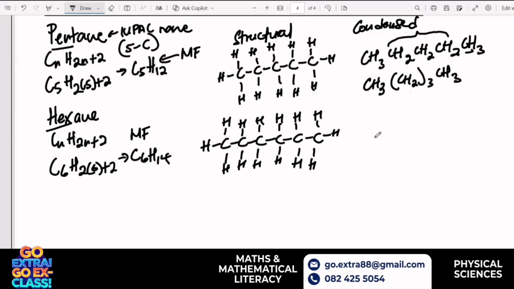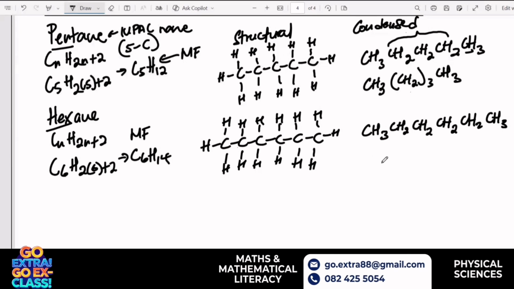But now in a condensed formula, this is going to be CH3, CH2, CH2, CH2, CH2, and CH3. So 1, 2, 3, 4, 5, 6. So there are 6 carbons there.